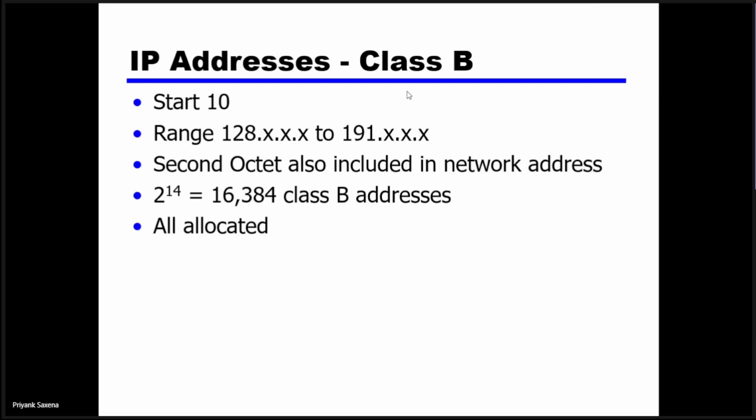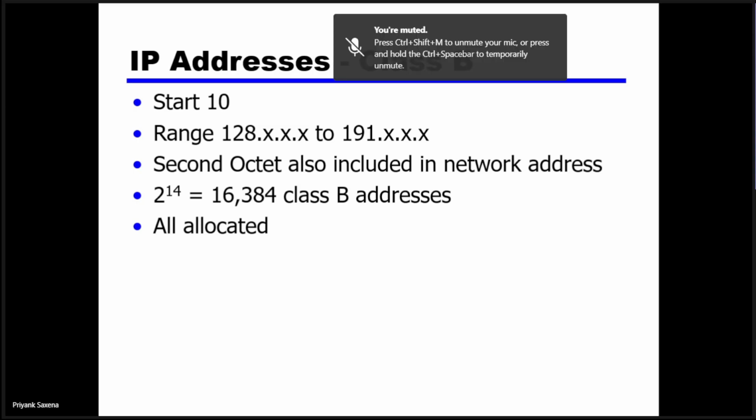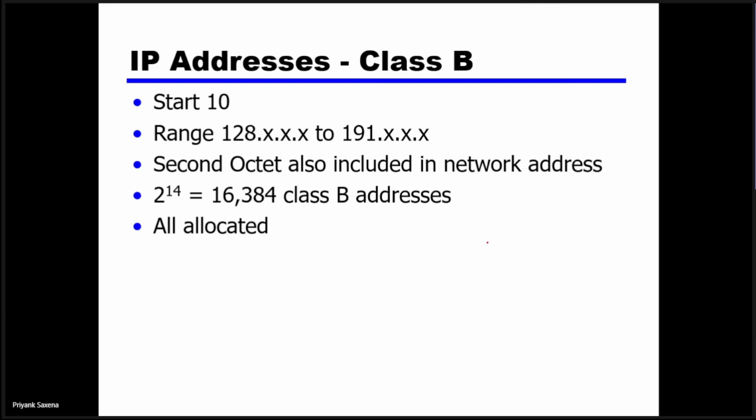Similarly in class B the range starts from 128 to 191. In this you can see that there are 2 to the power of 14 network addresses, right? When we say 2 to the power 32 addresses in IPv4, 2 to the power 32 is around 4 billion addresses.